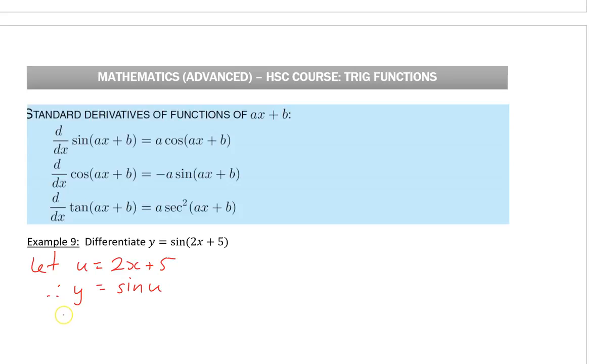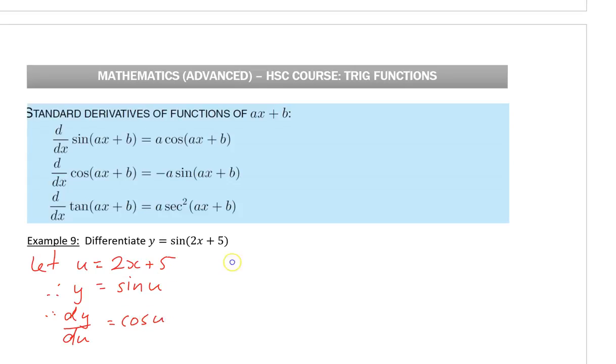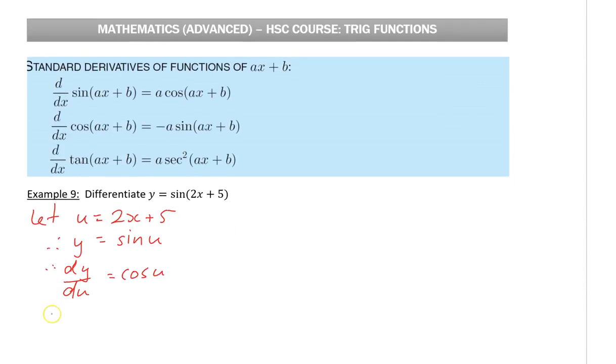If I differentiate y with respect to u, I get the differential of sine u is cos u. I'm just going to substitute that back in: dy on du equals cos of (2x plus 5).